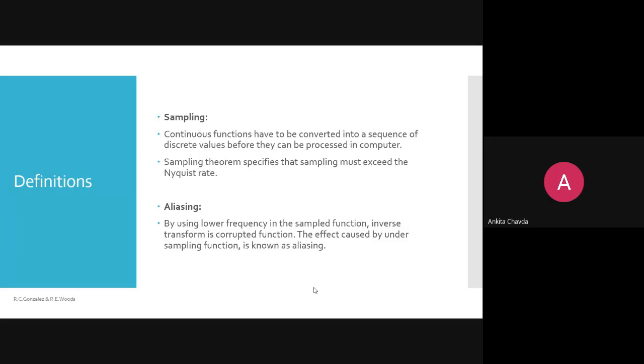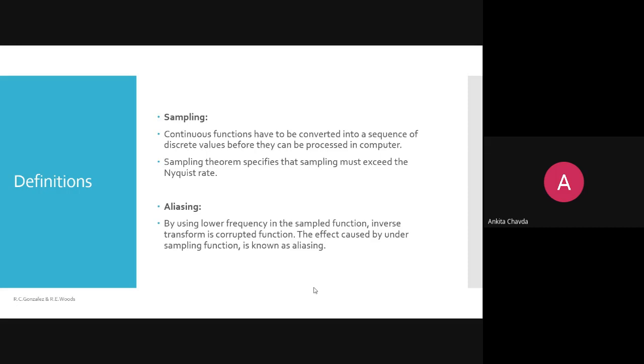Now, here are a few definitions that you need to know. This is just for the definitions. What is sampling? We have seen sampling and quantization, but here, what is sampling in the frequency domain? It is very similar to digital image processing, where we first had an analog signal and then took samples to get the digital signal.